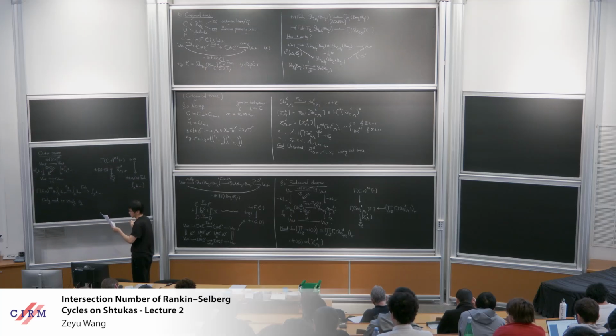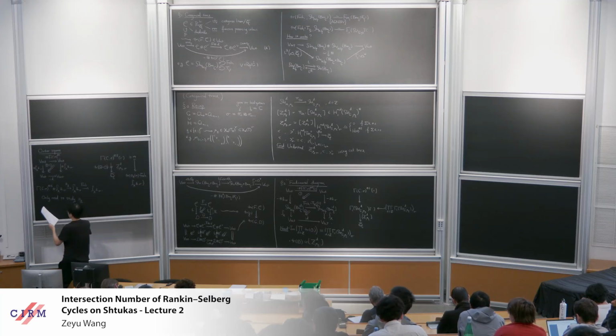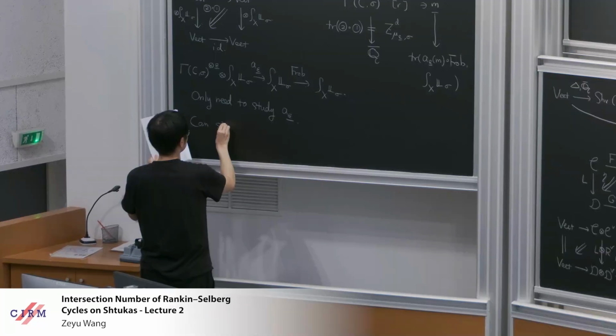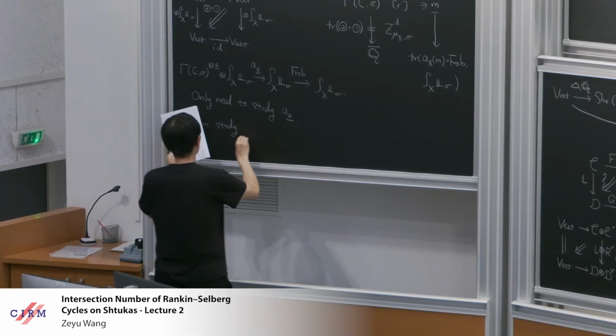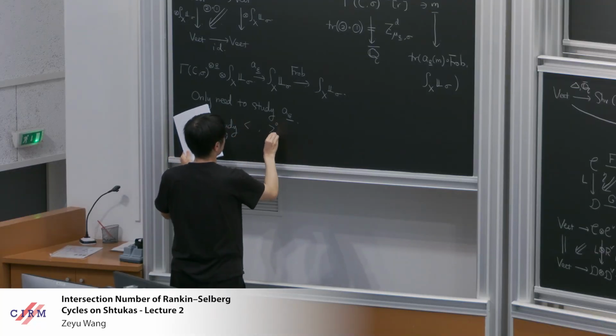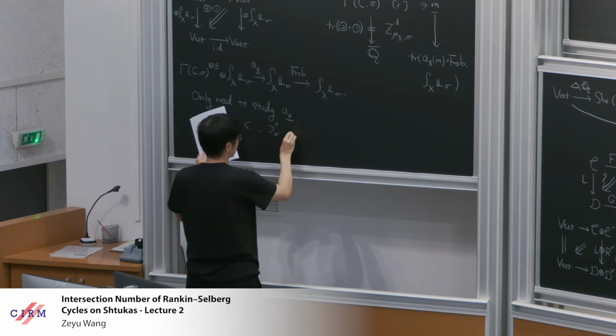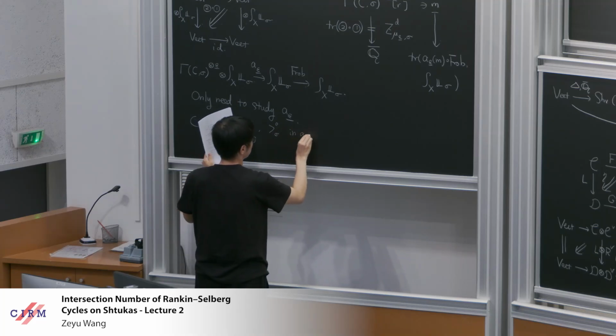Then let me just say a word about the intersection pairing. You can study the intersection pairing restricted to the sigma isotypic part in a similar way.